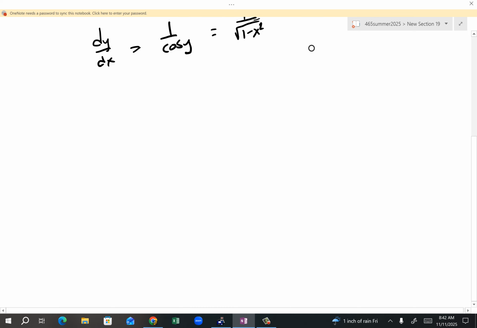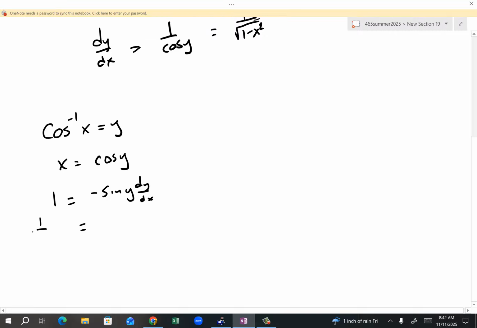Ditto on the arc cosine. If you had this fella, then that means x is the cosine of y, and then 1 is equal to the negative sine of y dy/dx, and so you end up with negative 1 over the sine of y.